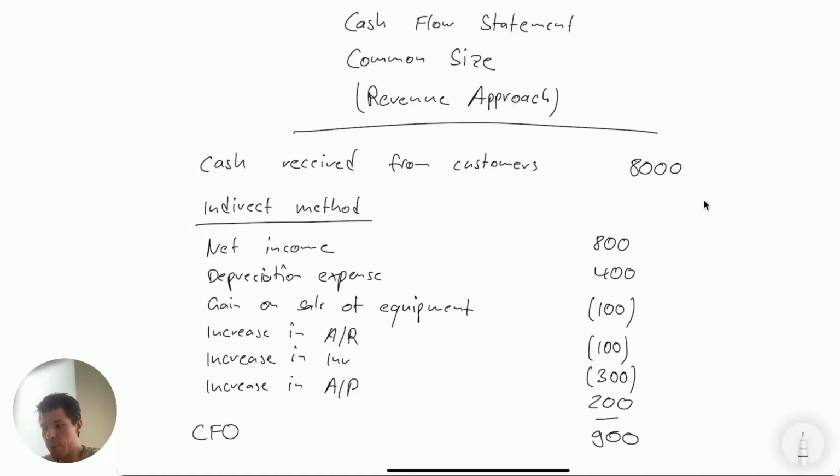Today I will introduce another approach to the common size cash flow statement. As discussed earlier, there is the inflow-outflow approach, and now we are looking at the revenue approach.